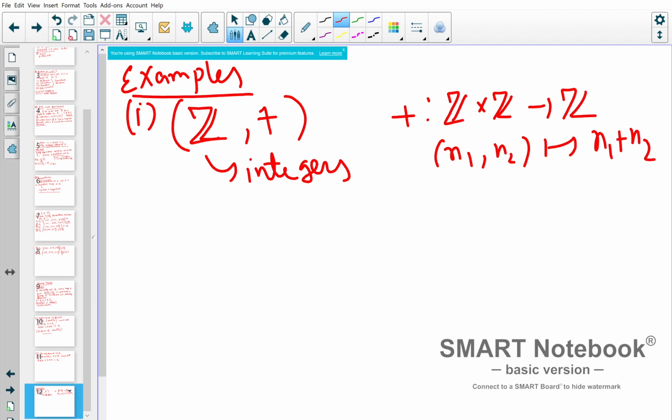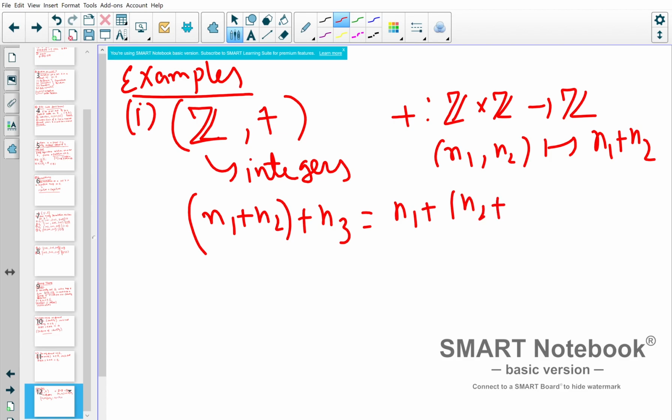So you see that this operation satisfies the property: associativity. You start with n1 plus n2 and then plus n3, and this is equal to n1 plus n2 plus n3. These are obvious things.